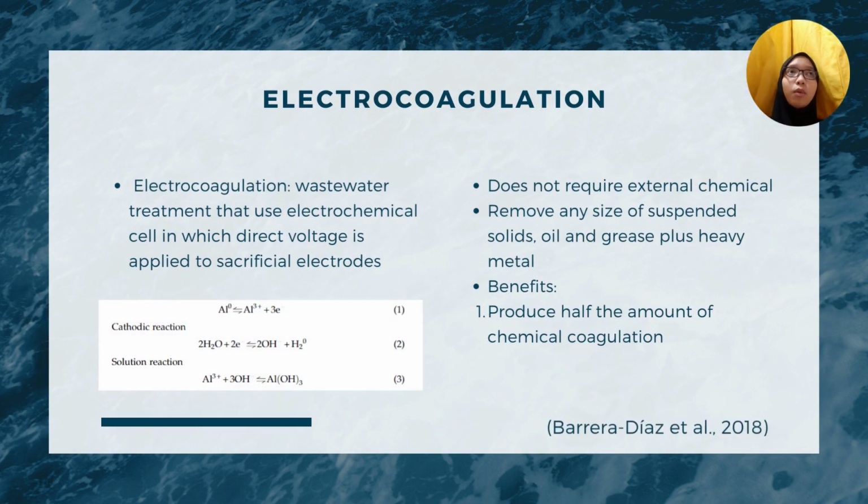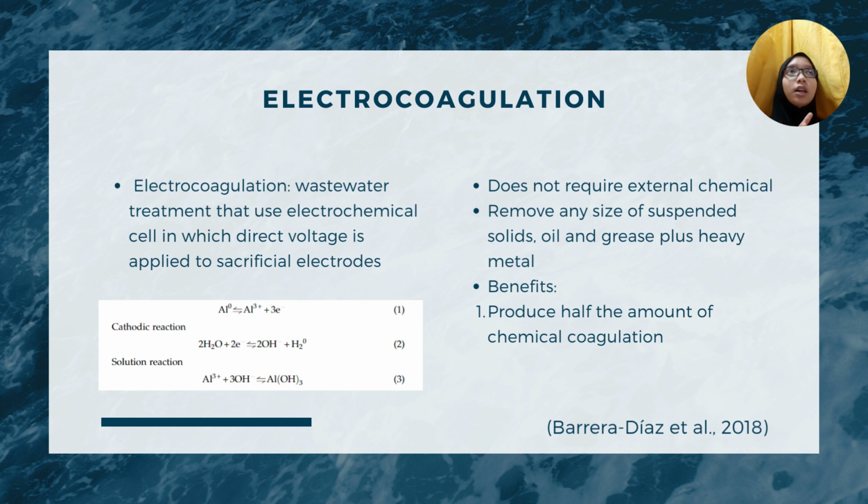in wastewater. The new treatment that was implemented from chemical coagulation is electrocoagulation. Electrocoagulation is a wastewater treatment that uses an electrochemical cell in which direct voltage is given to sacrificial electrodes. So electrocoagulation does not require external chemicals, and it can remove any size of suspended solids, oil and grease, plus heavy metal.